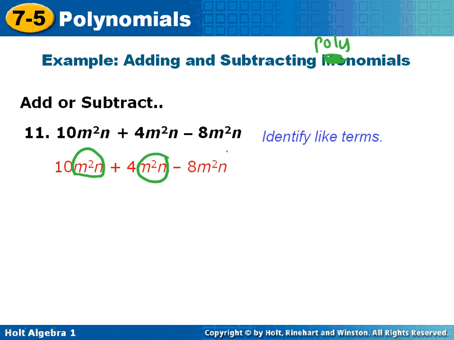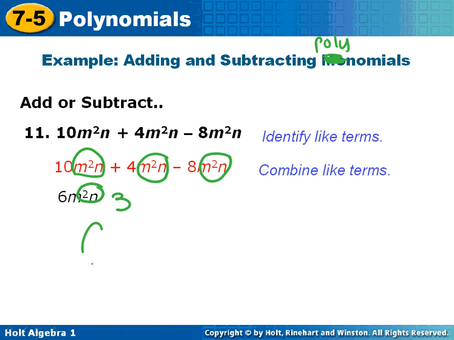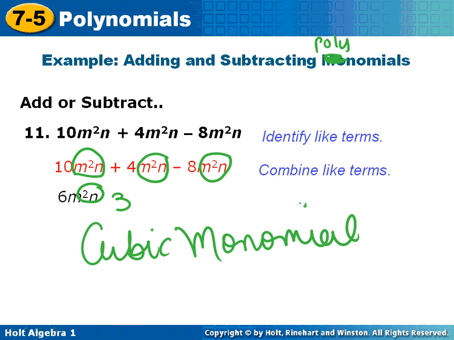That makes 14, and then I'm going to take away 8 m squared n's. Combining like terms, I just have a monomial. Add the exponents together. That's a third degree. Third degree is called a cubic monomial because there are no adding or subtracting signs separating any of the terms.